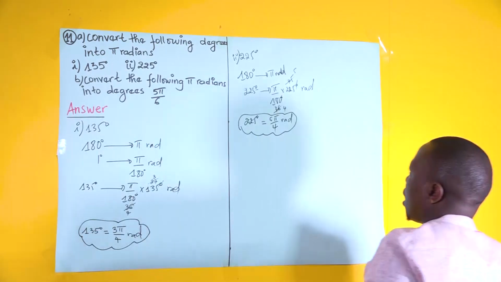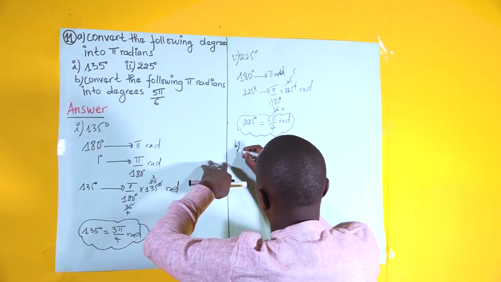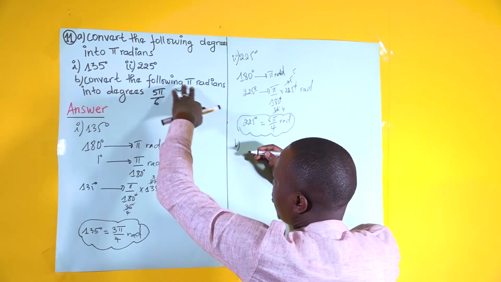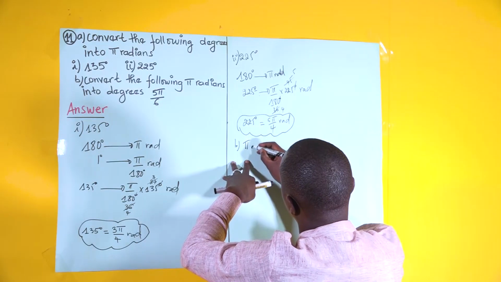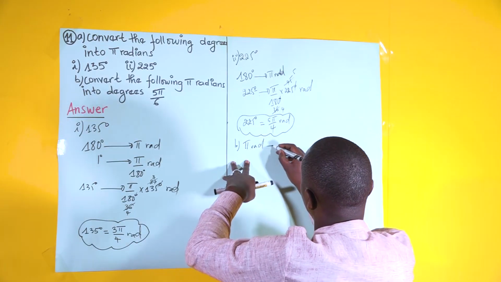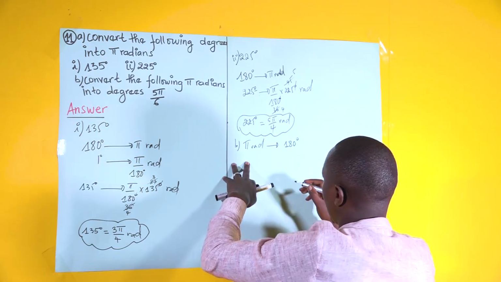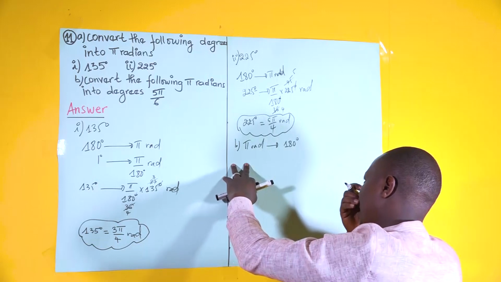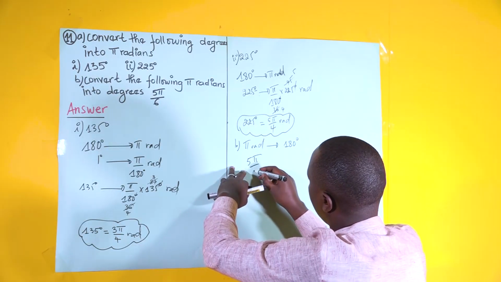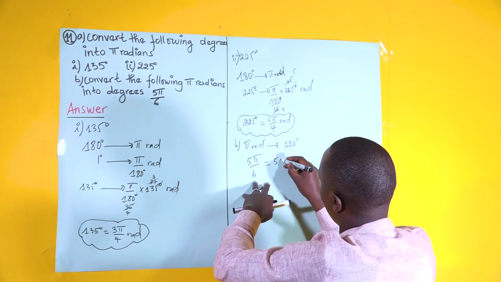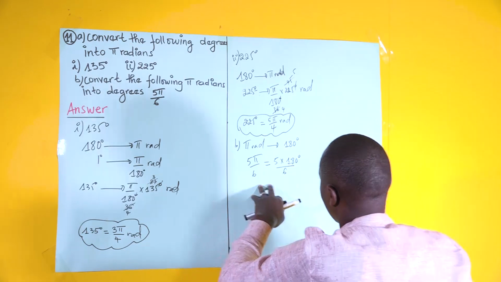Now, we have another question here, B. Convert the following pi radians into degrees. We have seen that pi in radians equals 180 degrees. It means 5 pi over 6 will be equal to 5 times 180 degrees over 6.